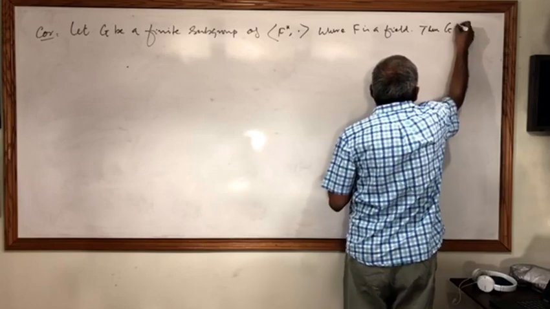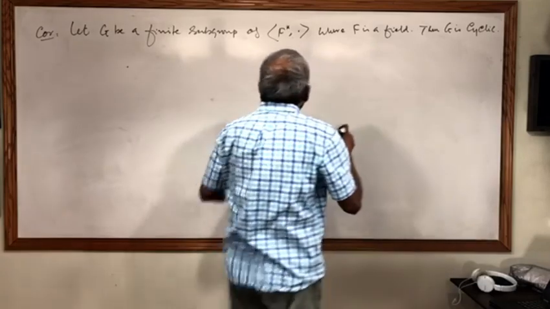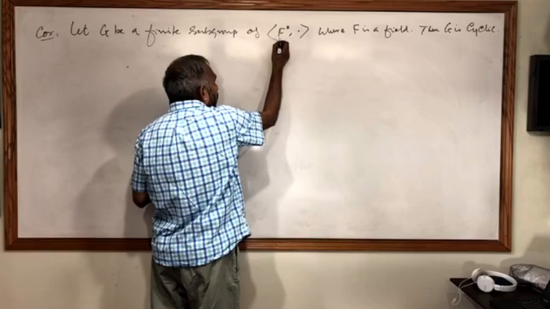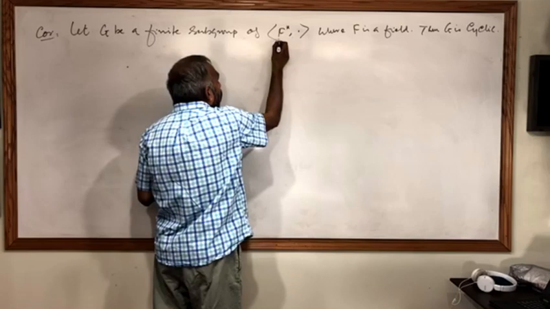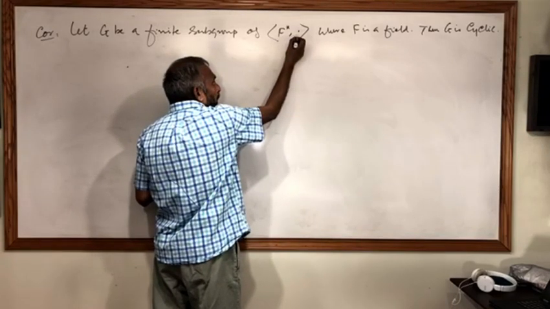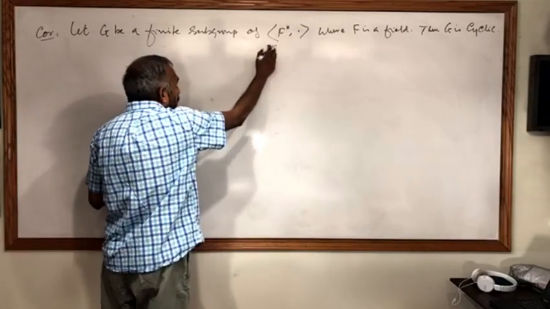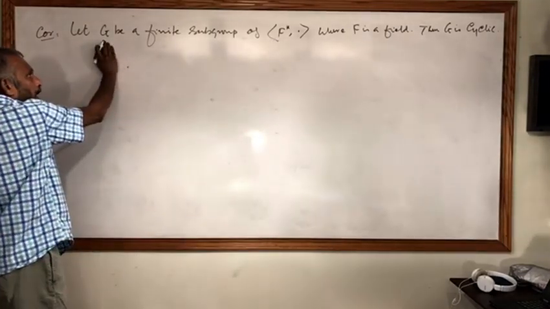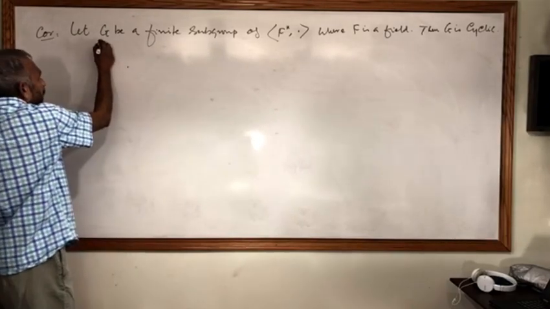Then G is cyclic. F is a field means there are two binary operations defined here, addition and multiplication. And this is actually a multiplication. So we are looking at the group of non-zero elements of F with multiplication, and G is a finite subgroup of this. If F is a finite field, definitely G is going to be a finite subgroup. All we need is that G should be finite.